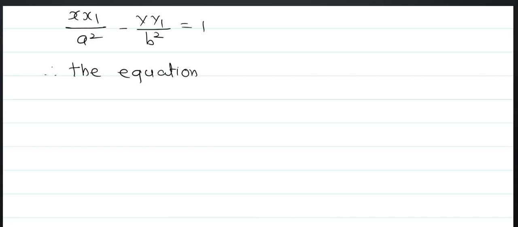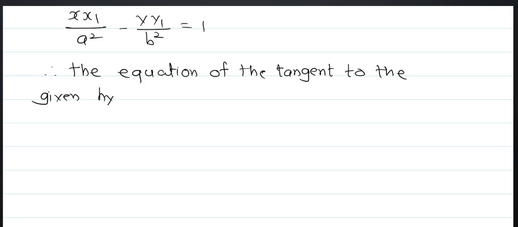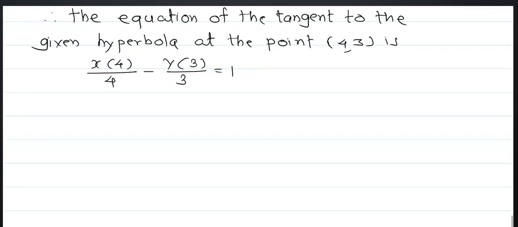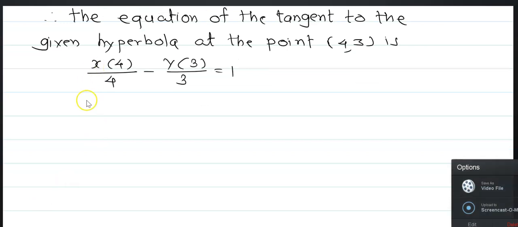Therefore, the equation of the tangent to the given hyperbola at the point 4, 3 is 4x upon 4 minus 3y upon 3 is equal to 1, which is nothing but x minus y is equal to 1.